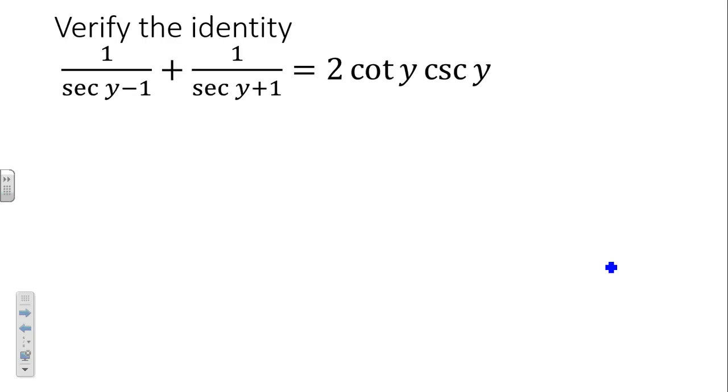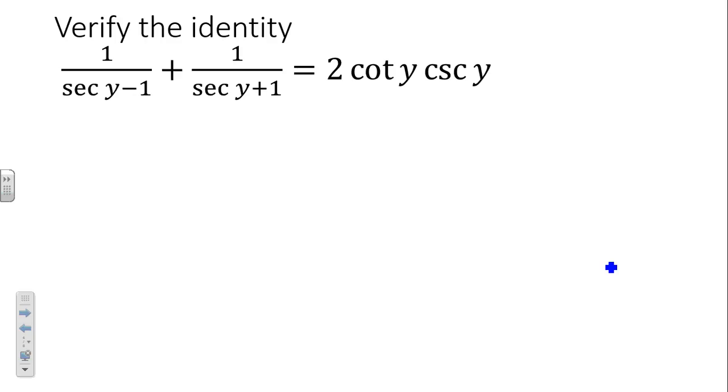Now we have 1 over the quantity secant of y minus 1 plus 1 over the quantity secant of y plus 1, and that's equal to 2 times the cotangent of y times the cosecant of y. So we have to decide which one looks more complex.